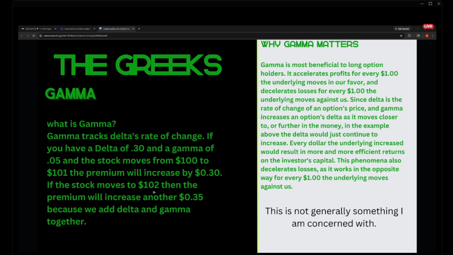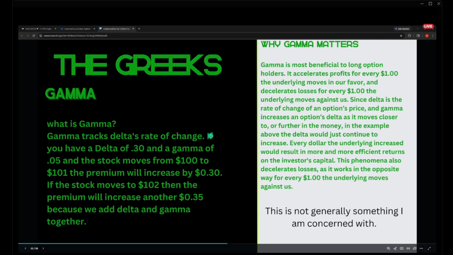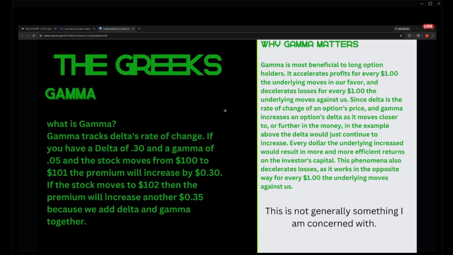That has a delta of 0.09 and a gamma of 0.02, so not a lot. So you could expect that one to change 9 cents per dollar. Now, obviously, there are other variables that can add to that or increase that.